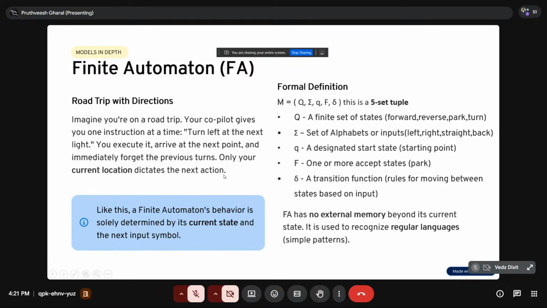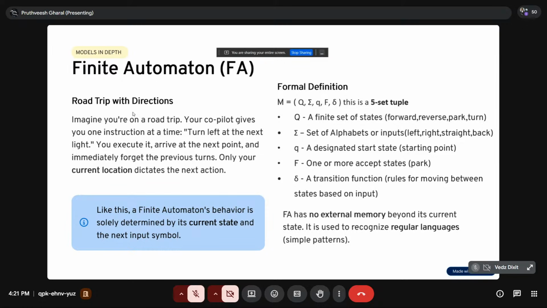If we are going to define the finite automaton here, which is driving our car, the finite set of states it has is basically four. It can either drive forward, drive in reverse, park the car, or turn.